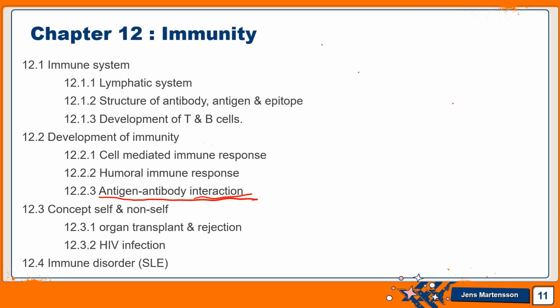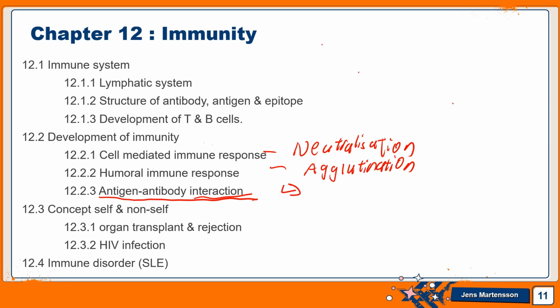In SPM you learned neutralization and agglutination, right? And STPM adds one more, complement fixation. This one you have to be alert about. Complement fixation is the new interaction between antigen and antibody.